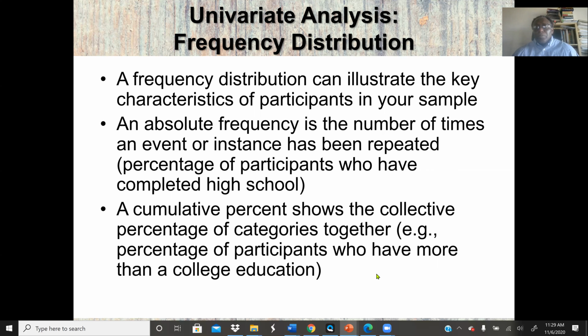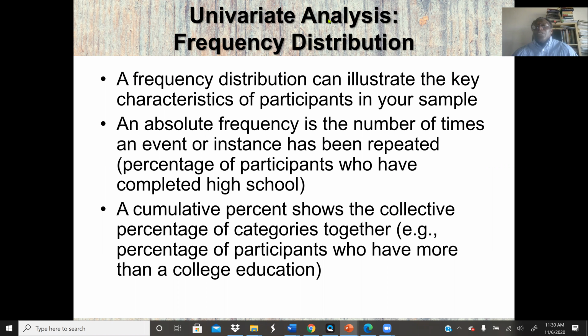Next time, if I'm asked about a specific age category, I can just go through the frequency column and I will know the number of patients that have that specific disease in that age group.